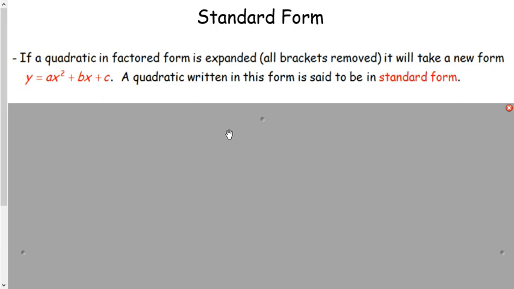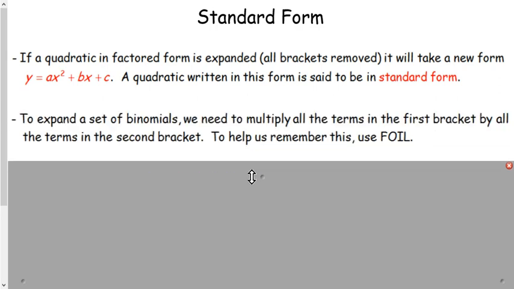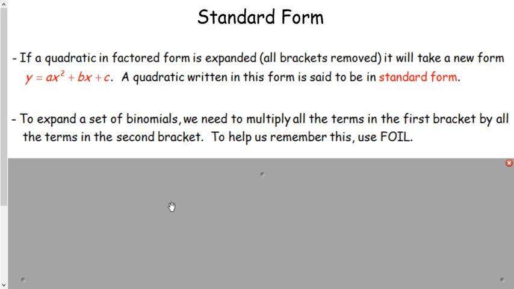So when something is written in that form, we say that the quadratic is written in standard form. It's just another way of writing the same sort of quadratics that we've seen. So we could have quadratics that are in equivalent forms, basically they're the same quadratic, but they're just written a little bit differently. So how are we actually going to put things in standard form?